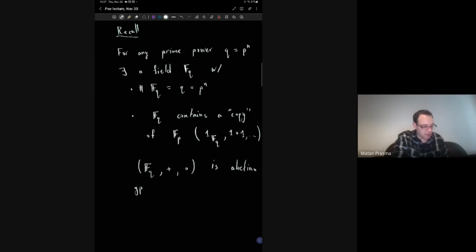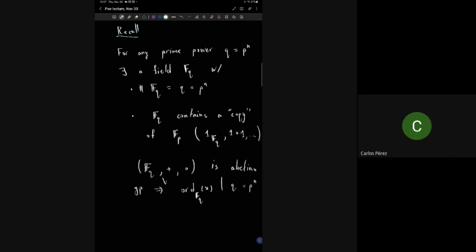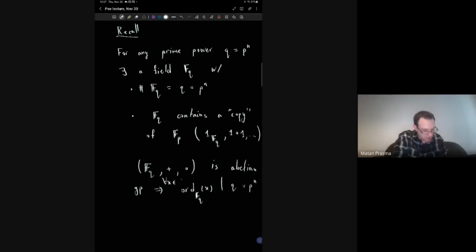This means that the order of any element x in FQ must divide, by Lagrange, it must divide Q, which is p to the n. Right? For any x in FQ.